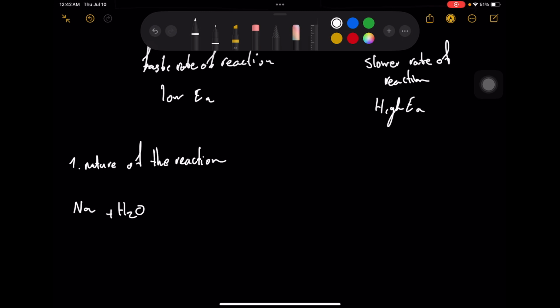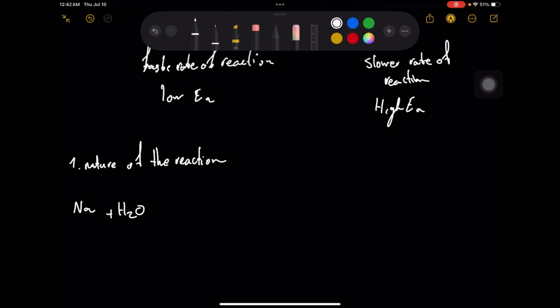It won't take months, it won't take years. It just happens so fast, which shows one of the factors that can affect the activation energy. This one shows that the activation energy is much lower in comparison to the other reaction, even if there is any activation energy for it.